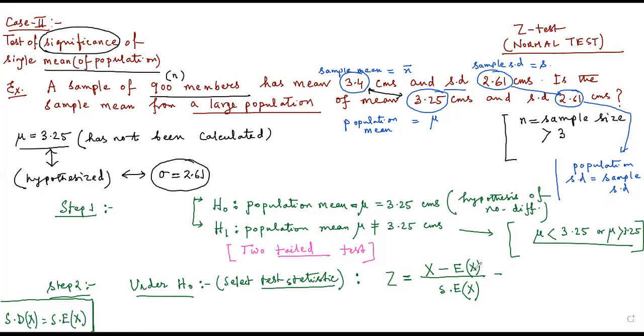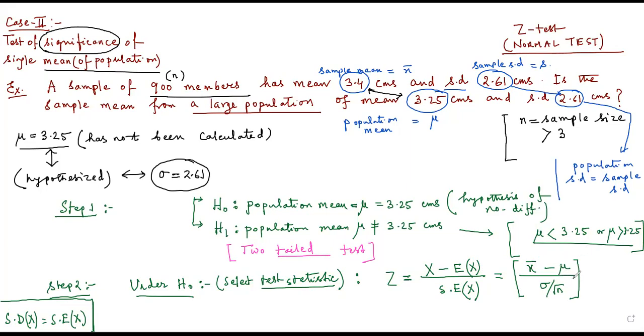Now, according to the current scenario, this random variable x will be the sample mean x bar, which I'm denoting by small x bar. The expectation of the random variable, according to the present scenario, will give x bar minus mu, and standard deviation of x will be sigma by root over n. Now you are familiar with this type of formula, which you have come across in the chapter of central limit theorem.